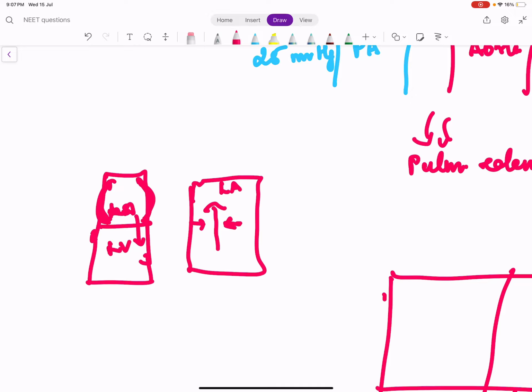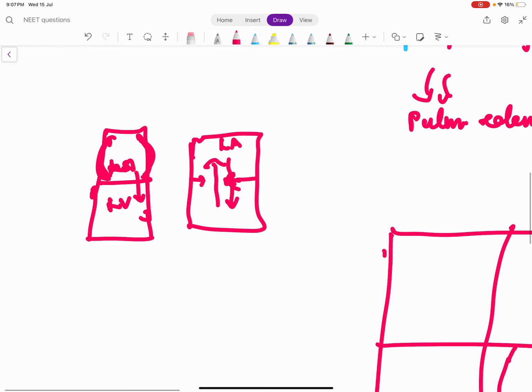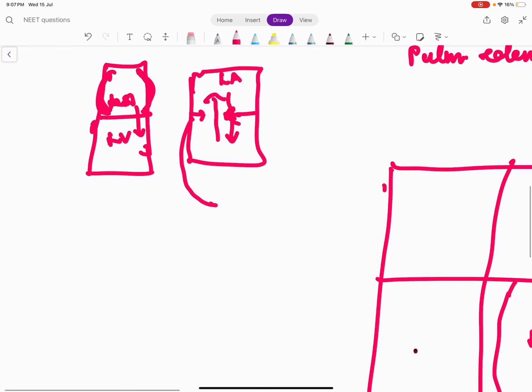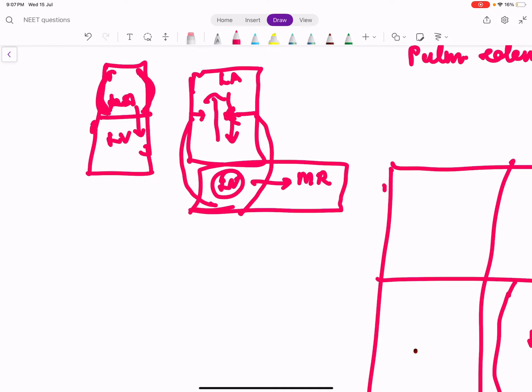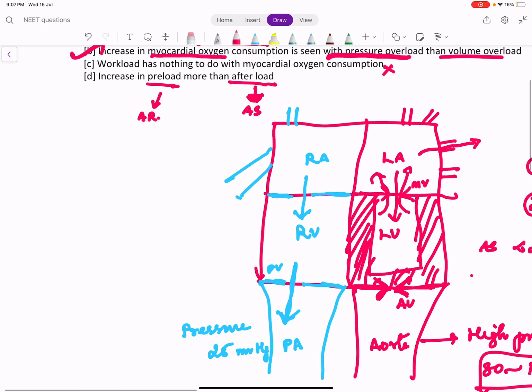So the left atrium gets distended, but during the next systole, the entire left atrial blood comes back into the left ventricle. So actually, if some question comes, LV is loaded in mitral regurgitation. It is not LA because left atrial volume is low. Even though there is a backflow, it will come back again into the left ventricle during the next systole. So the left ventricle is loaded both in AR as well as MR. Okay, this completes this question.